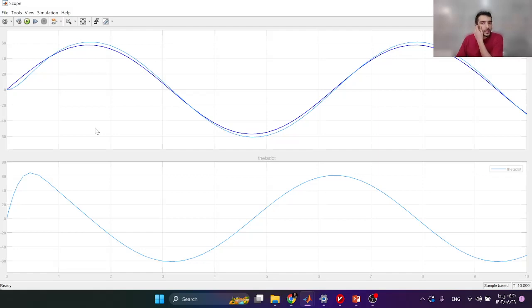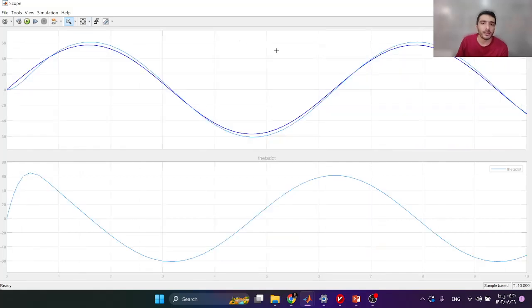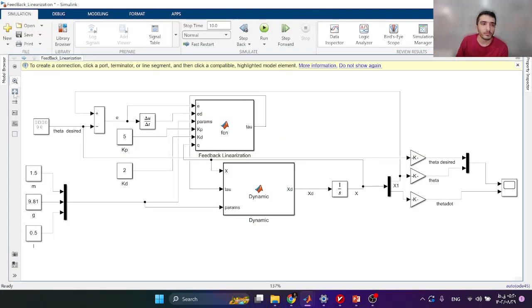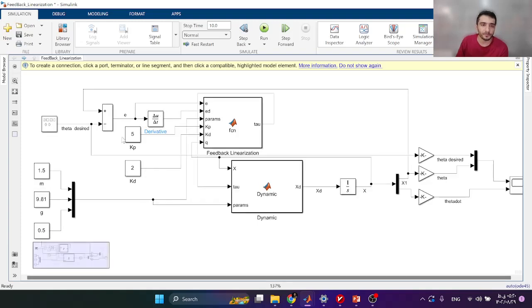And now we can see that the angle of the system is controlled very good, but it has some very little errors here that we can actually optimize the controller to avoid such errors.